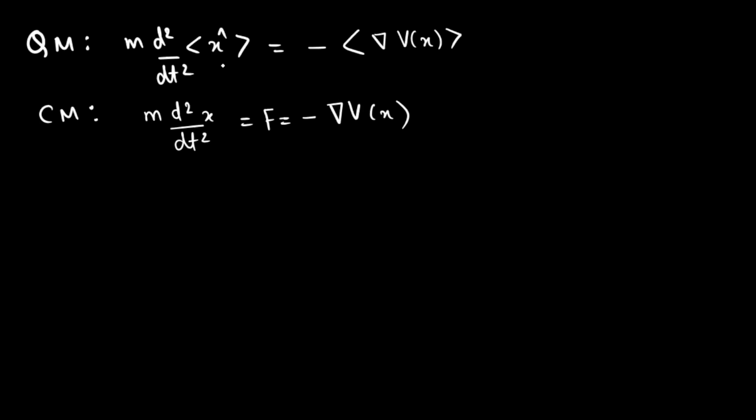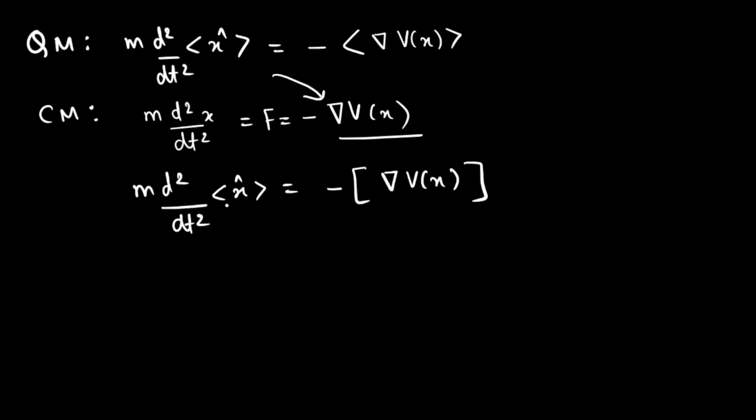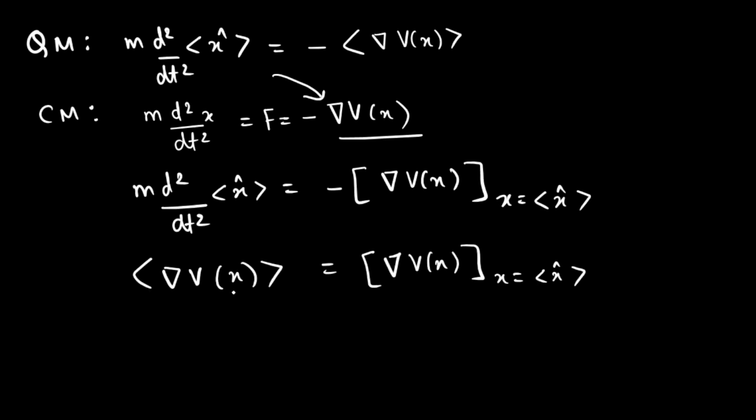So quantum mechanically we have this expression, and in classical mechanics we have this expression. For m d square x by dt square, the expectation value of x cap, to be equal to the negative of the gradient of V of x, the value of x should be equal to the expectation value of our x cap operator, which implies that the expectation value of the gradient of V of x is equal to the gradient of V of x when x is equal to the expectation value of x cap.